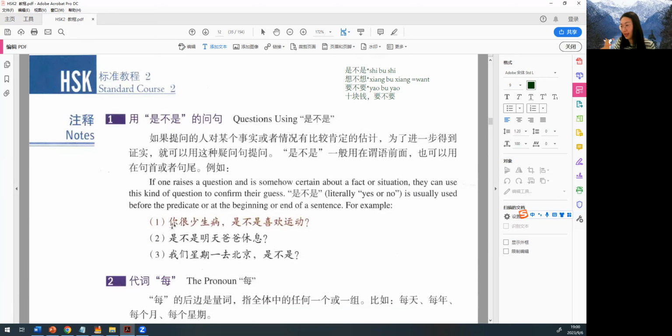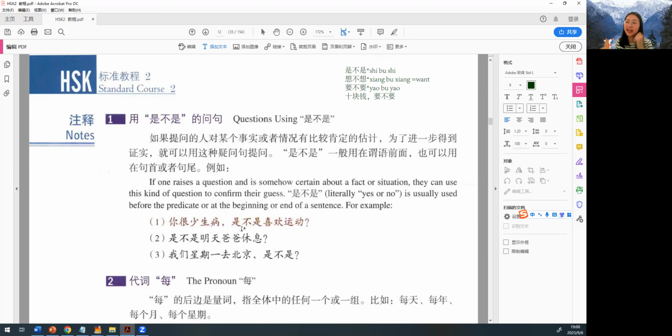All right, so let's take a look at those 3 example sentences. The first, you can hear my question and take a guess at the meaning. First one, 你很少生病，是不是喜欢运动？ Okay, so this question's meaning is you seldom get sick.